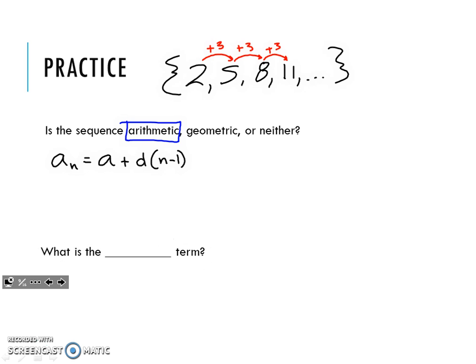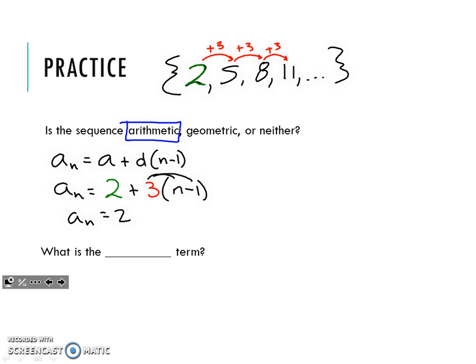So starting out, finding our nth term, 2 is my first term here, so I'm going to fill in a 2 for my a value. My d is my common difference. In this case, we were adding 3 to each one, so my common difference is going to be 3. Now we do want to simplify if we can.